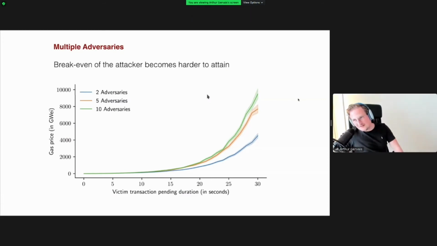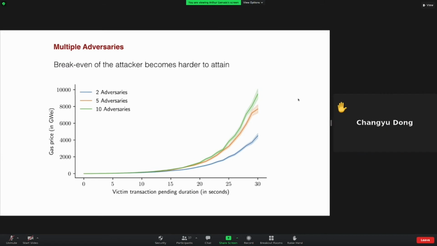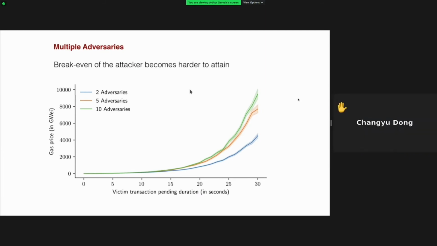If you set the slippage very tight, your transactions are likely to fail, because there will likely be other adversaries trying to attack. We actually simulated this in the paper, and we can see that the more adversaries there are, the harder it gets for an adversary to make any profit.